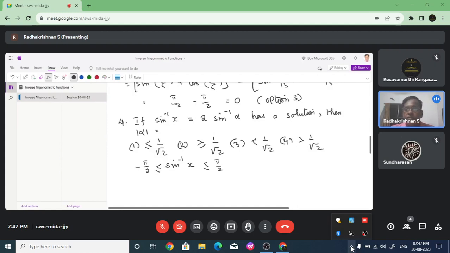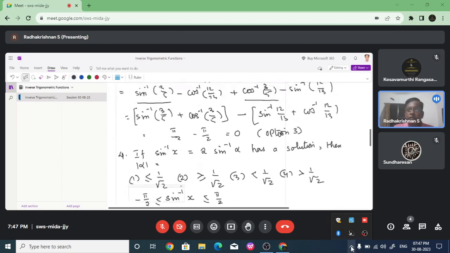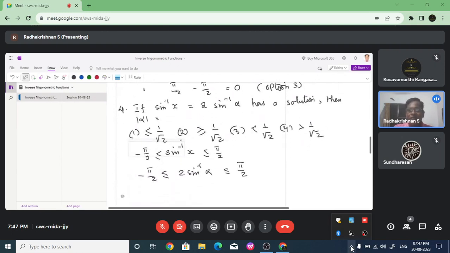And since that is equal to 2 sine inverse of alpha, we can write that 2 sine inverse of alpha will also range from minus pi by 2 to pi by 2. So from this, what are they asking? They are asking the range of alpha, right?